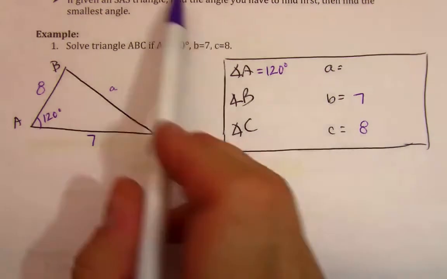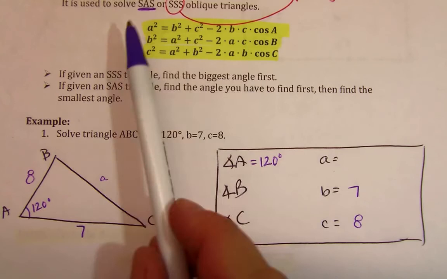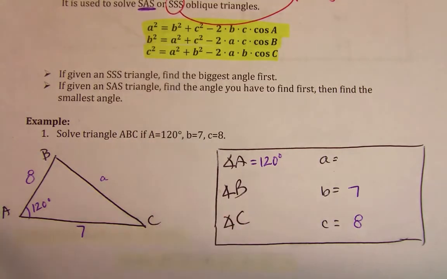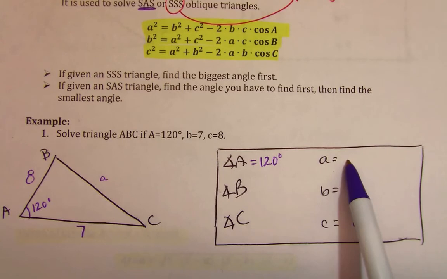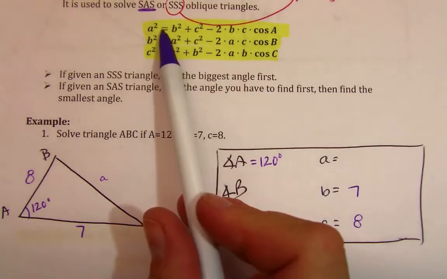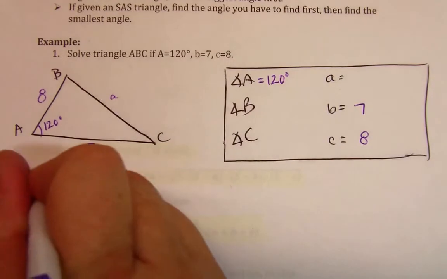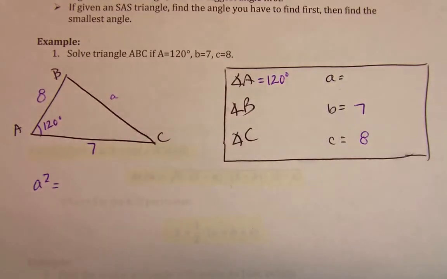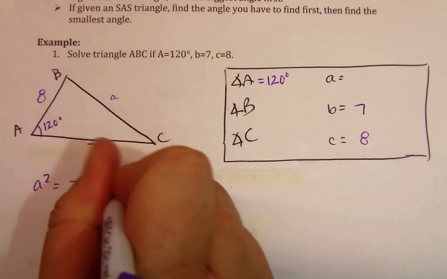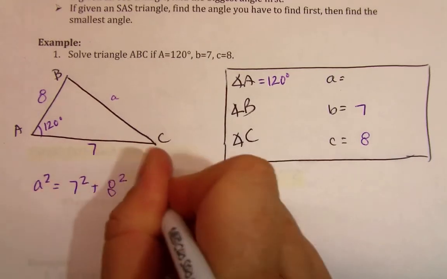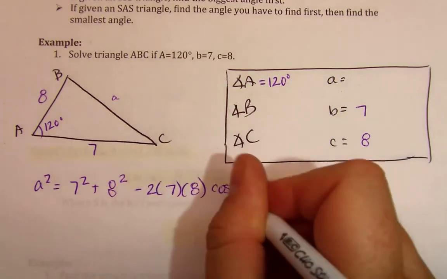The law of cosines is written up here, and really this is the same thing but just set up differently depending on which one we're looking at. Now, it makes most sense for us to solve for side A since that's what we have here. So I have A squared is equal to 7 squared plus 8 squared minus 2 times 7 times 8 times cosine of A, which is 120.